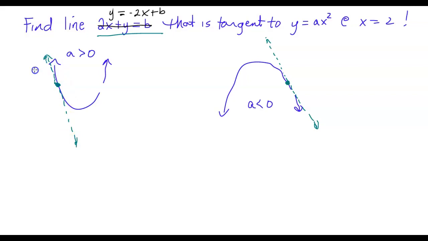So just conceptually speaking, wherever this line is going to be placed, if my A is positive, it's going to be on the left side of the parabola. If A is negative, it's going to be on the right side of it, okay? So kind of know that.